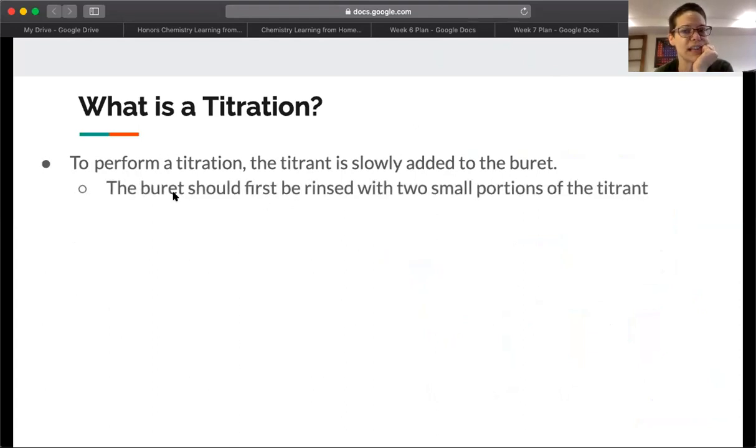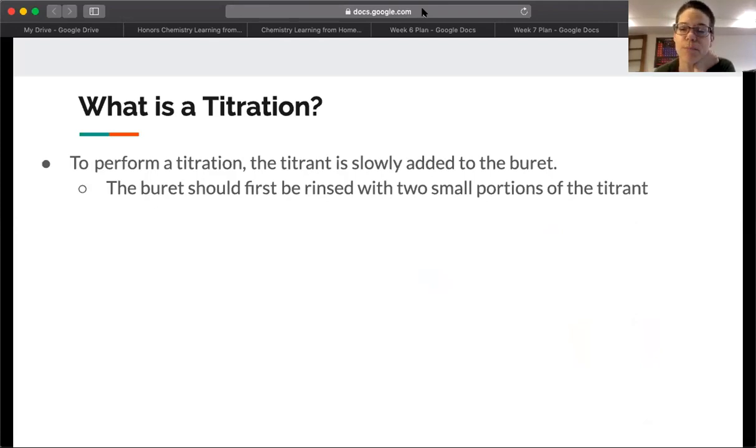This is an annoying thing that they might actually ask about. In theory, you should rinse out your burette with the stuff you're using a couple of times. They don't say why, but the reason is to rinse out any water, because water would dilute your concentration.